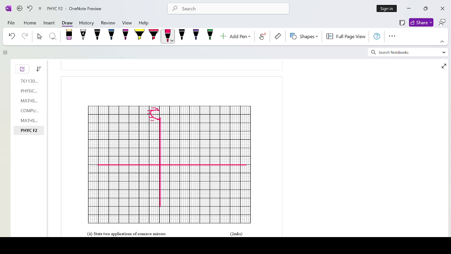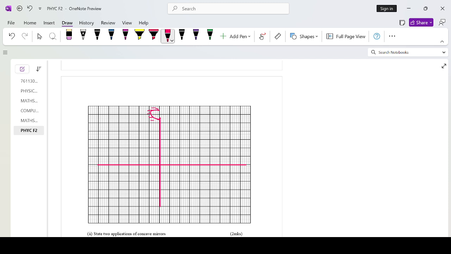So they say an object is placed 5 centimeters in front of a convex mirror. This is our convex mirror. Is placed 5 centimeters. So where will we position our object?